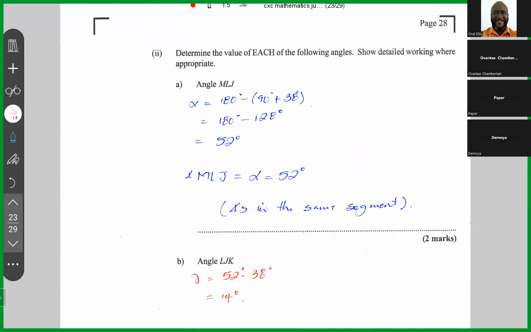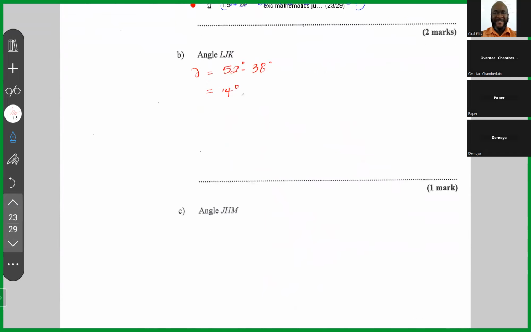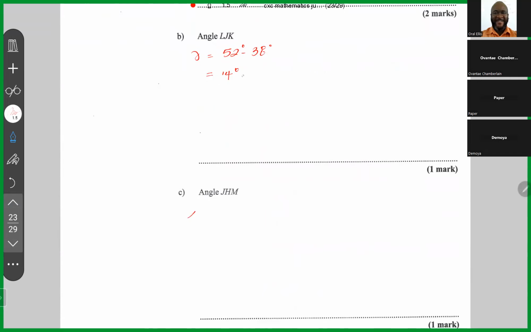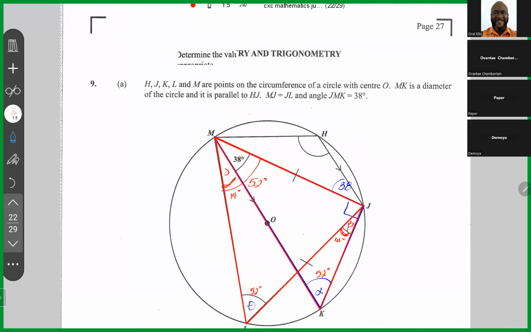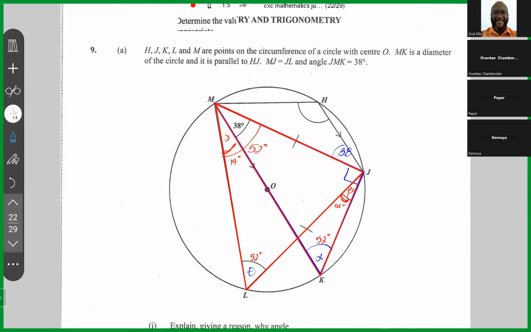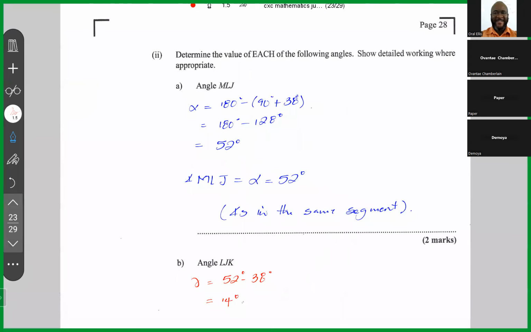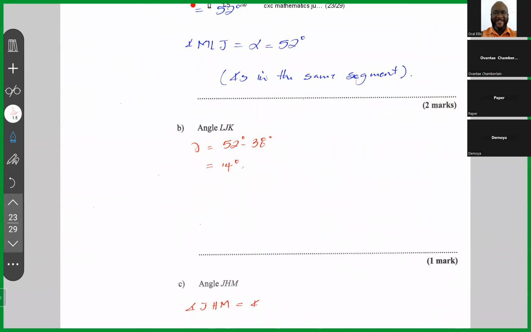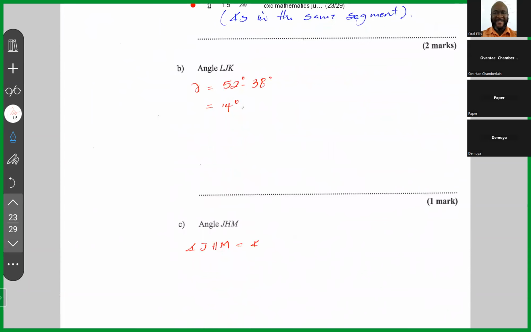So I would say that angle JHM is equal to angle, all right, it's JHM I was finding.